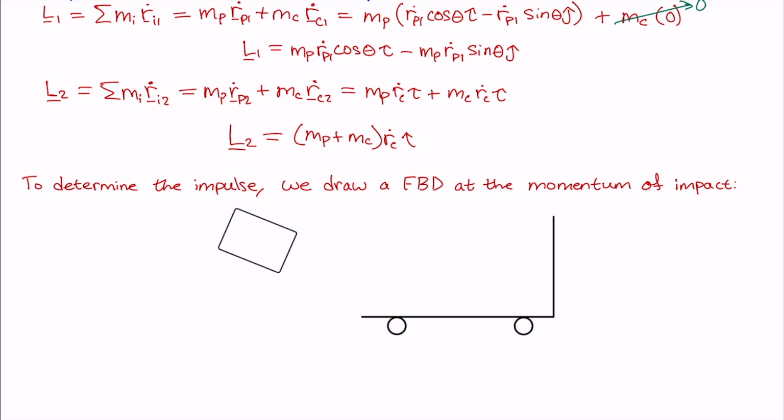Okay, we're now going to determine the impulse acting on each body, and we now need to draw a free body diagram. One thing I have noticed when looking at your homeworks and worksheets is that a lot of people are not very careful with how they draw their free body diagrams. It's very important that you draw and place the forces at an accurate location of where they're acting, rather than just drawing them wherever you want.